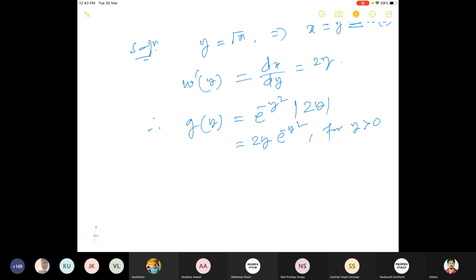And for all other values of y, g(y) is equal to 0. So this is the PDF of y. This is just the direct application of the theorem.